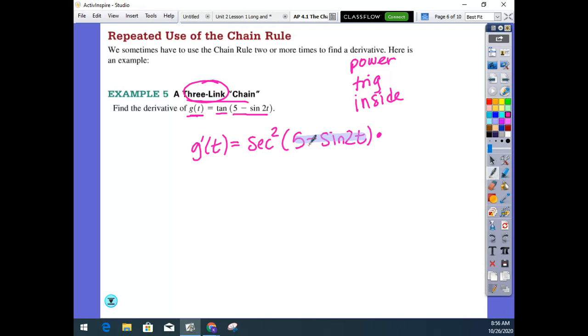What's the derivative of negative sine, negative cosine? This portion has to match this, times, what's the derivative of 2t? 2.